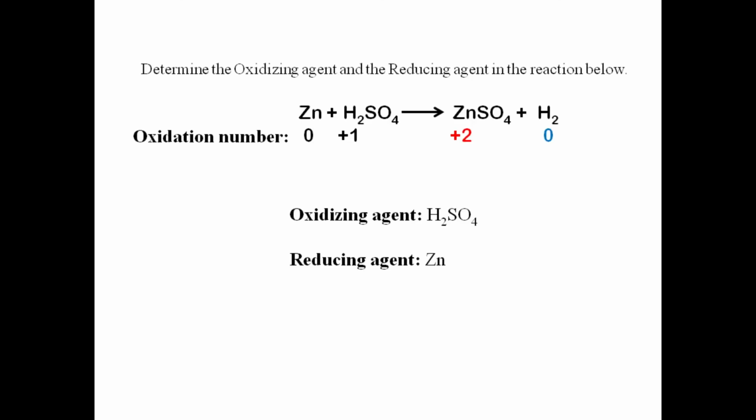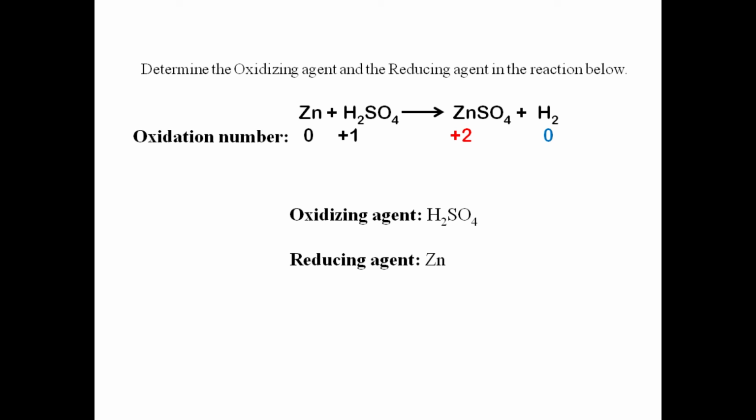Now, in the reaction that was given, first we need to identify if it is balanced, and it is. Then we need to work out the oxidation number for each species to determine which is being oxidized and which is being reduced. For the zinc, because it is elemental, it is a neutral atom, so it has an oxidation number of 0. Now let us work out the oxidation number of zinc in zinc sulfate.